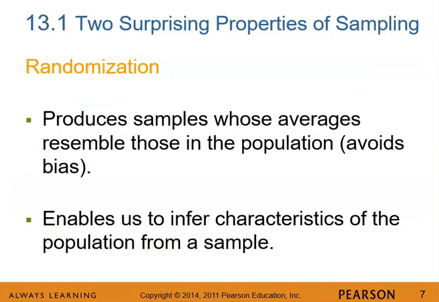Another thing in randomization is that randomization produces samples whose averages resemble those in the population, or in other words, it avoids biases. Also, a randomization of a sample enables us to infer characteristics of the population from the sample.